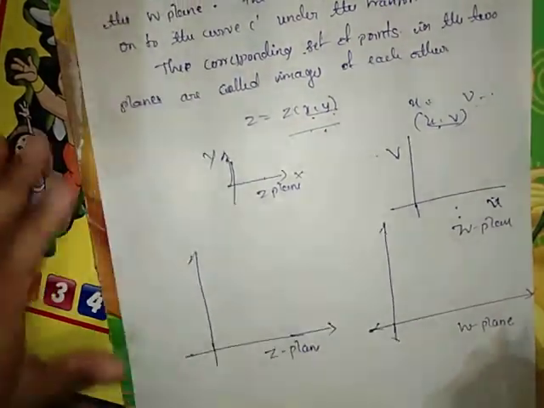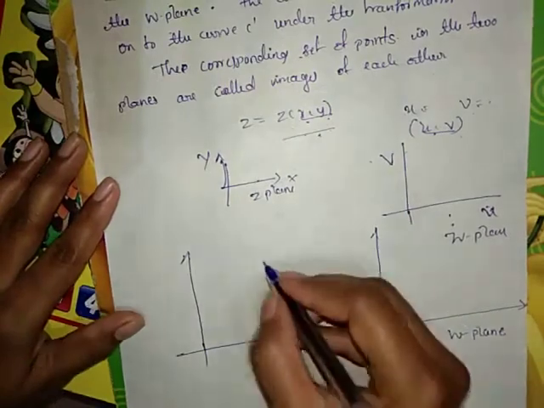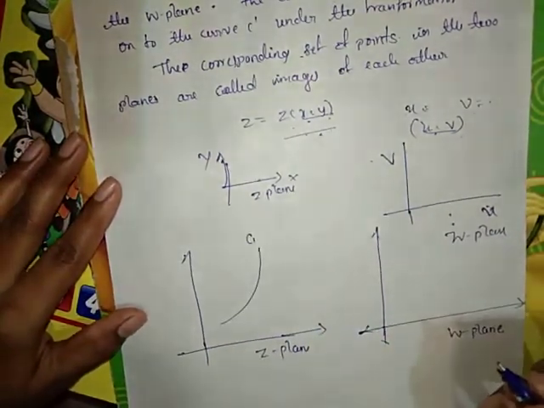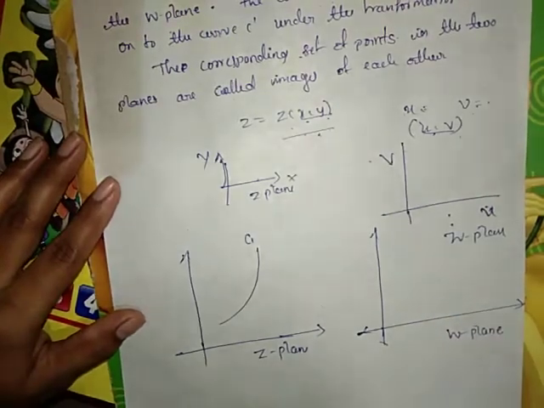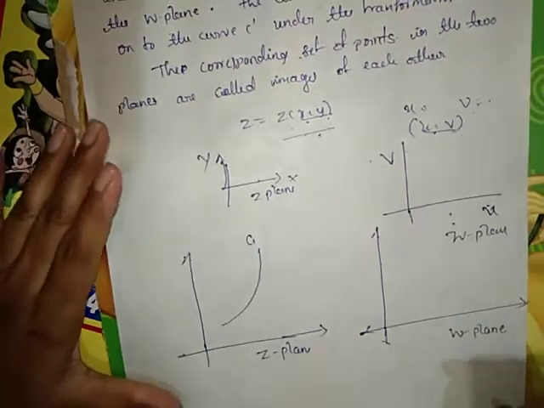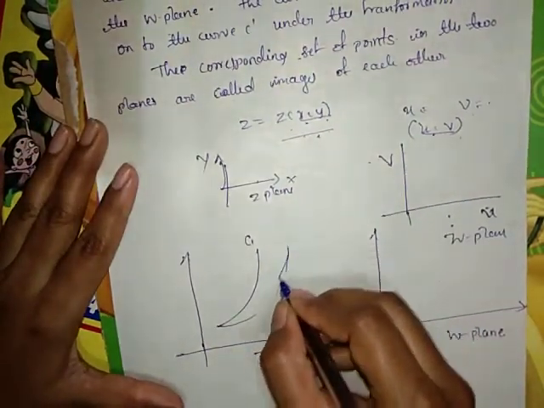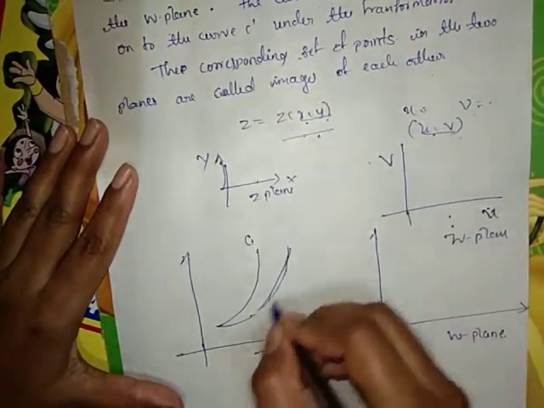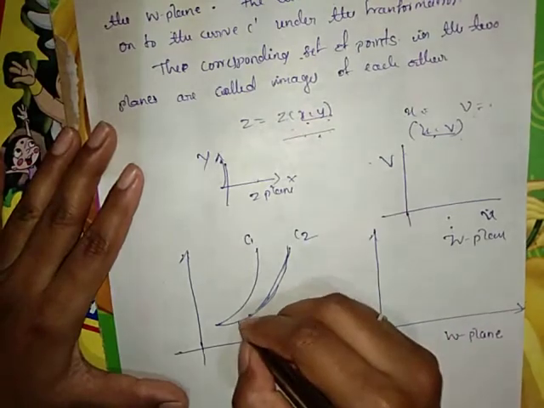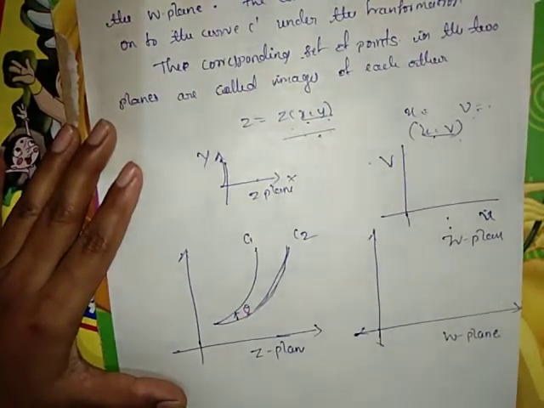Now using the set of the points x and y, suppose I draw the curve C1, and using one more equation, suppose I draw two curves C1 and C2, and the angle between the two curves will be theta.